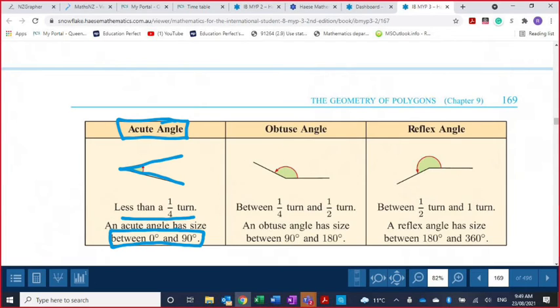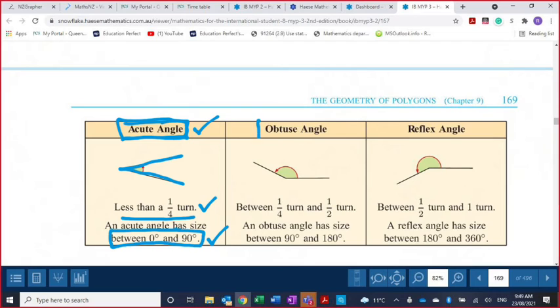Can't be 90 degrees because 90 degrees is a right angle. So this is anything in between those two values, right? Between and not including. So these are acute little angles. 3 pieces of information: acute, less than 1/4 of a turn, between 0 and 90 degrees. So anything smaller than a right angle is an acute angle.